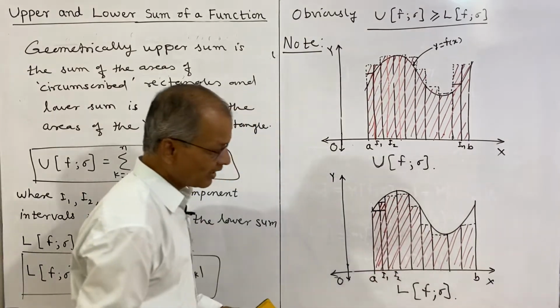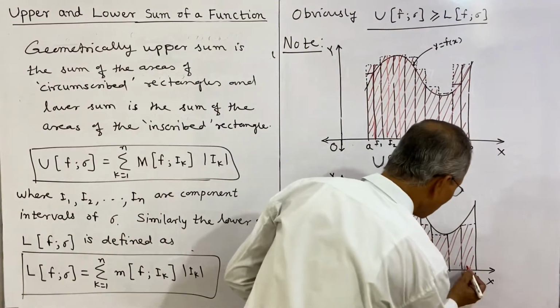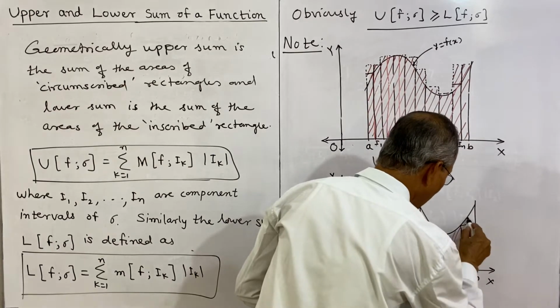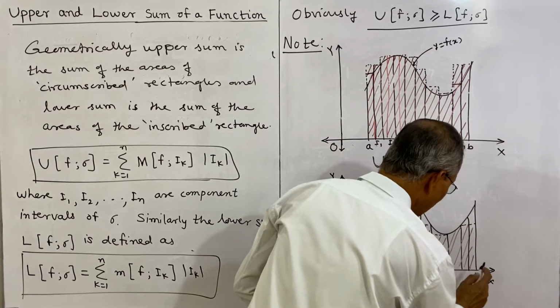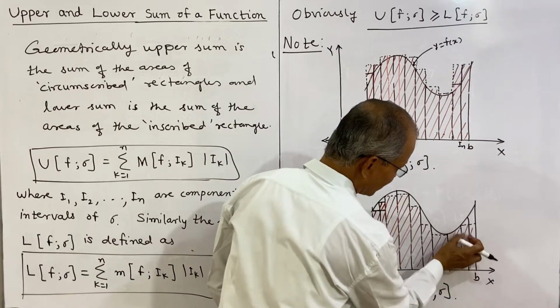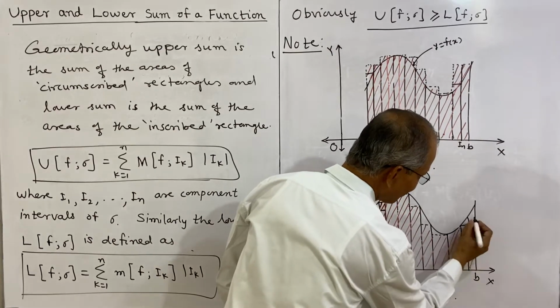That means if you take the refinement, the lower sum increases. For the last interval, you see this B is there, and if I add one more point of division, then the rectangle in this component will be the same, but the rectangle in this component will be this one.